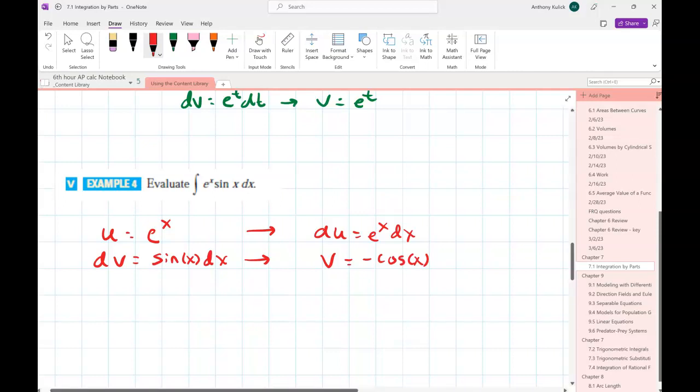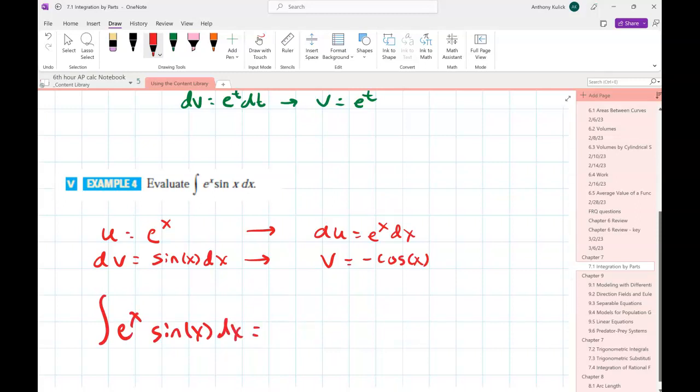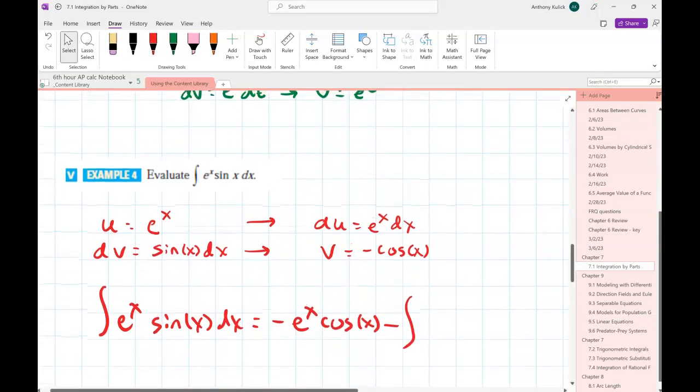All right. So we have the integral of e to the x sine x dx equal to u times v minus the integral of v du.